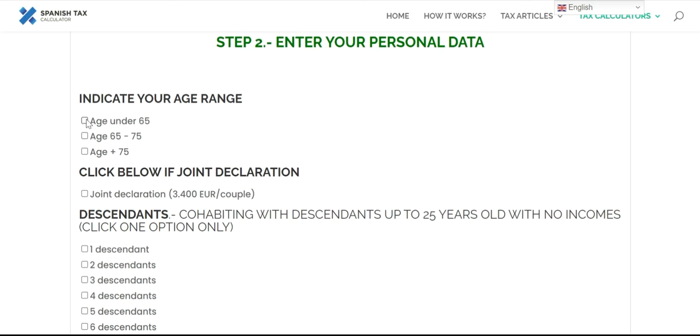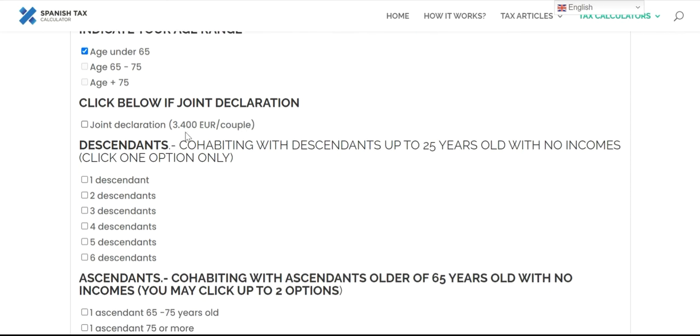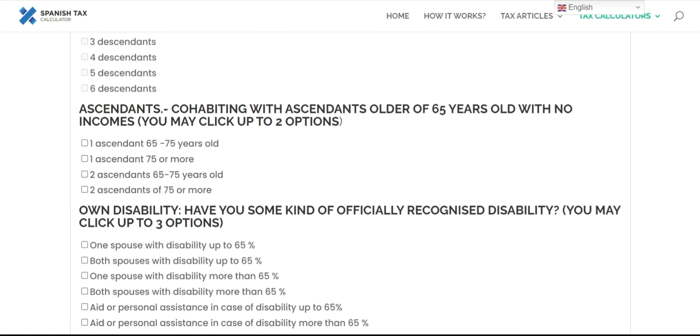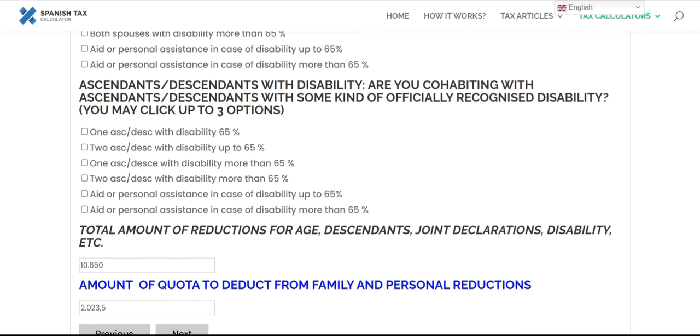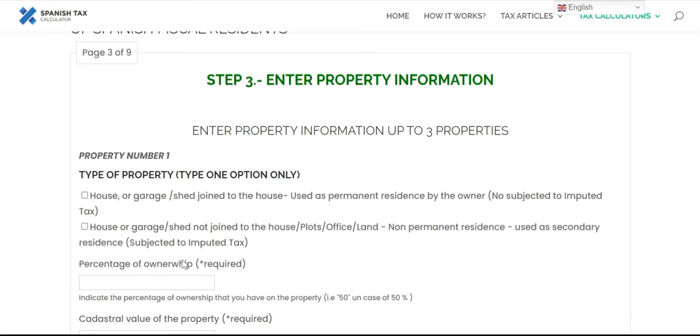It will be necessary to indicate your personal situation in Spain: if you make the declaration jointly or individually, if you have descendants, for example, one or two, or none, in case that you have a disability, etc. All of these you can be deducting.